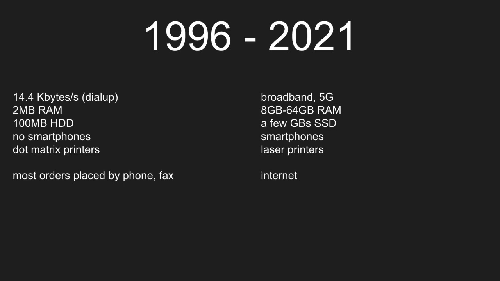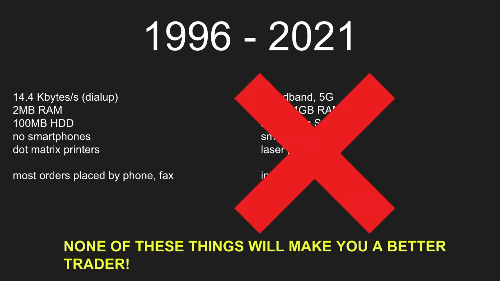But the thing is, guys, none of these things will make you a better trader. If you have a fast internet connection, it doesn't mean you're a better trader. If you have a laser printer, a lot of RAM, or the fastest smartphone ever, it doesn't make you a better trader.